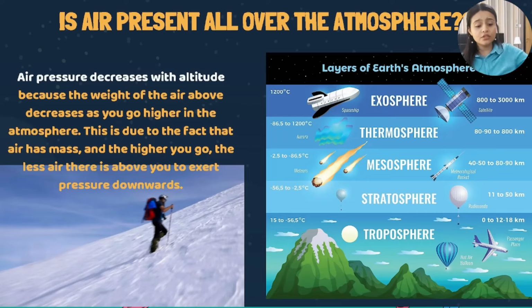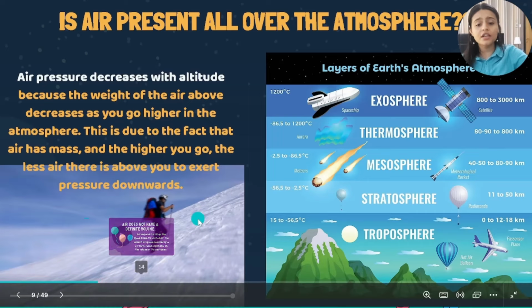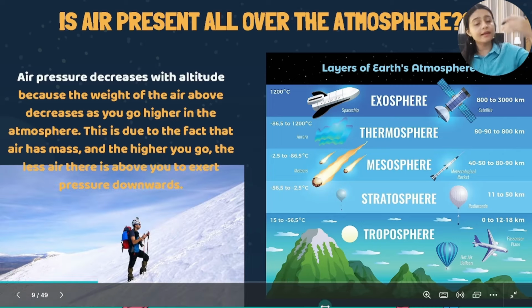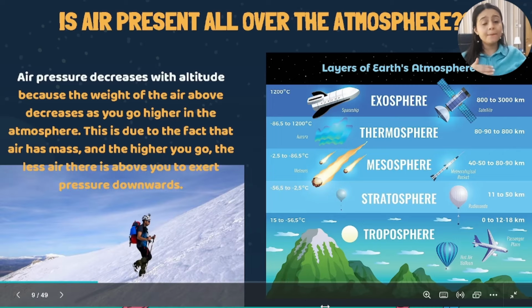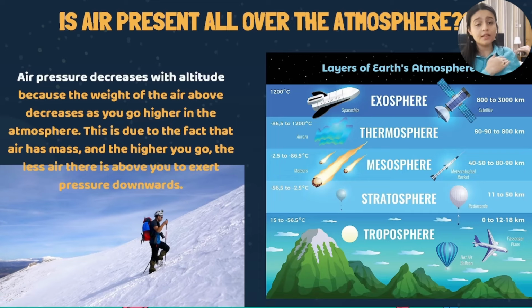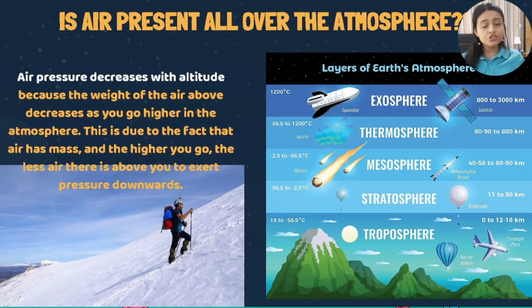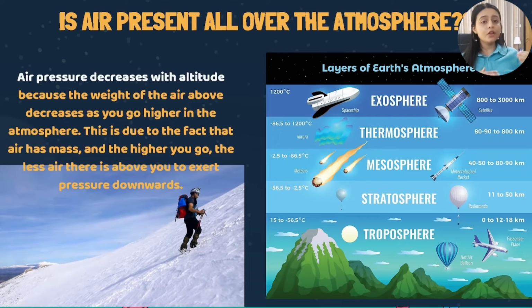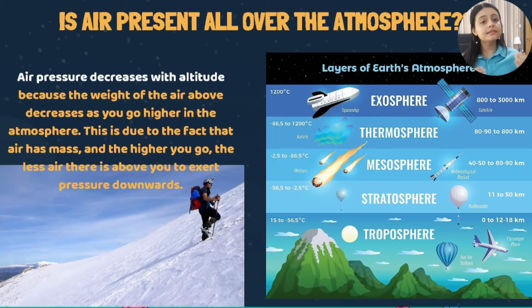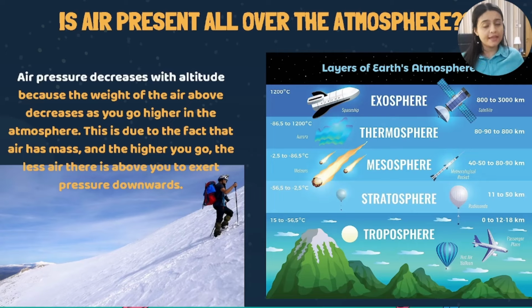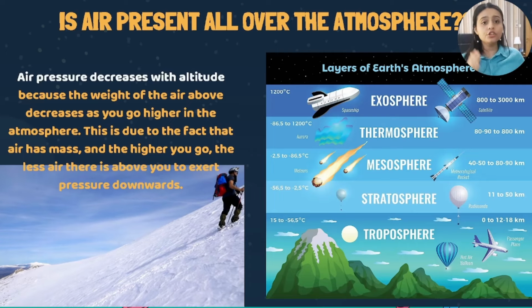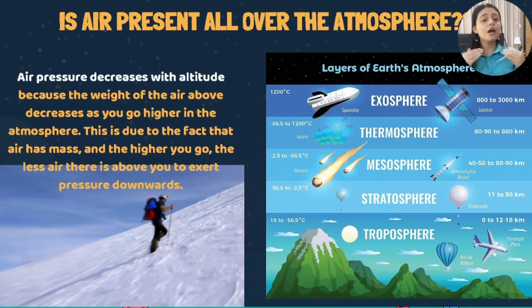That's why you can see on the screen how this mountaineer is climbing the hills carrying oxygen cylinders behind him. And what do these oxygen cylinders do? They are filled with oxygen and provide oxygen to these mountaineers, and they feel comfortable while climbing the mountains.